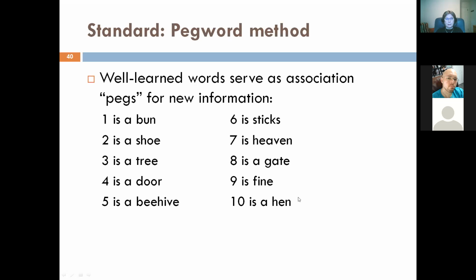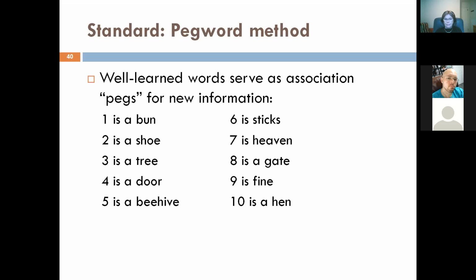So, okay, here is something that has been used with children for quite a long time. If you're interested in this kind of memorization to help you with your work, especially your schoolwork, you could try to memorize this set of 10 words called the peg word method.